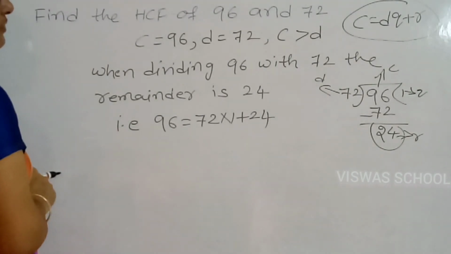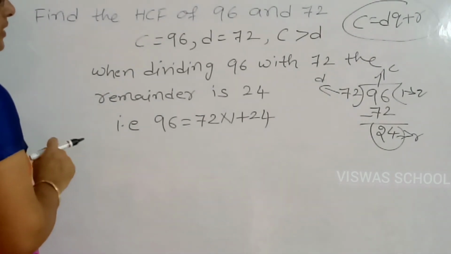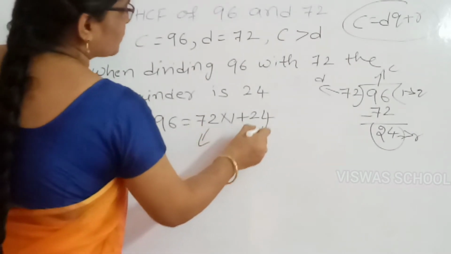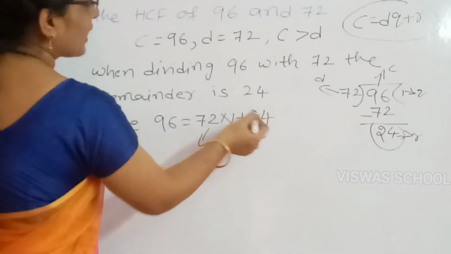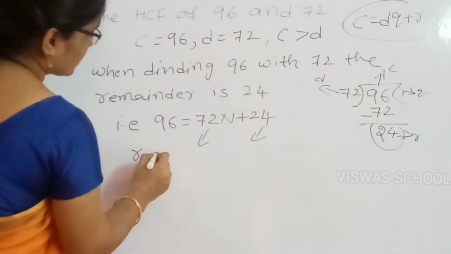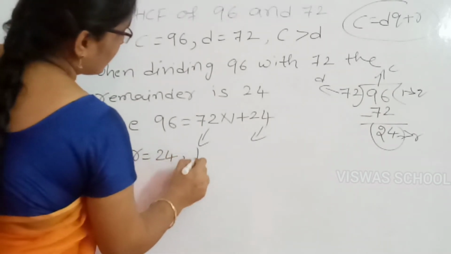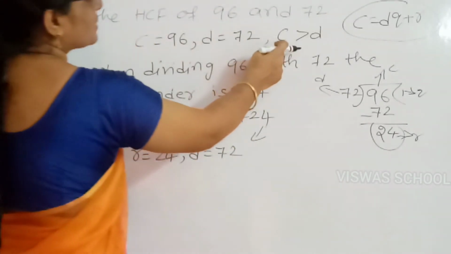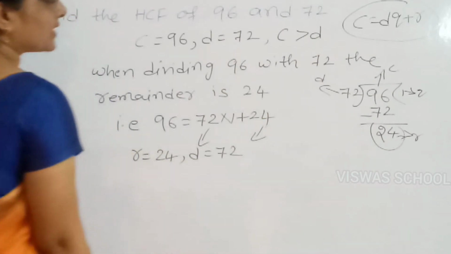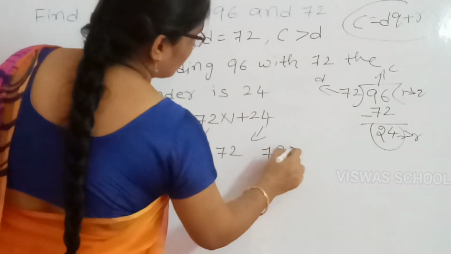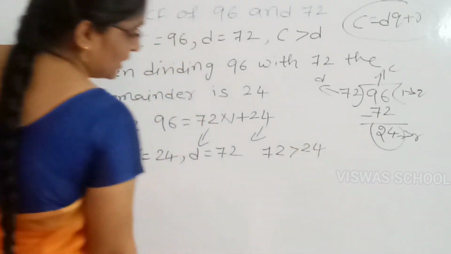To which numbers do we have to find the HCF here? That is here 72 and 24. R and D values. Here R equals 24 and D equals 72. Our condition is what? When dividing, C is greater than D. That's why here we have to take 72, which is greater than 24.